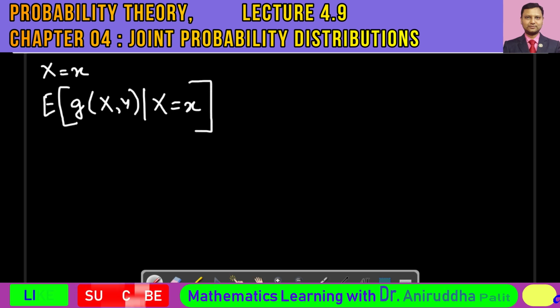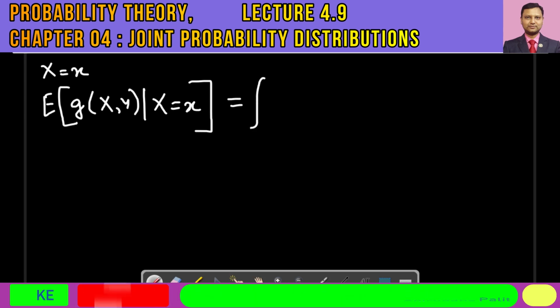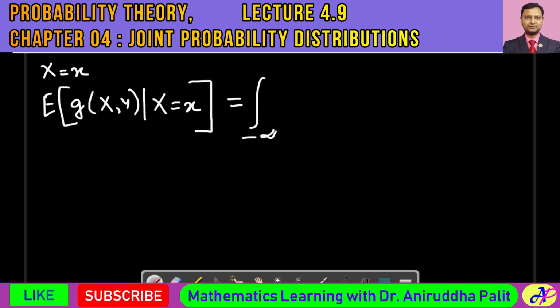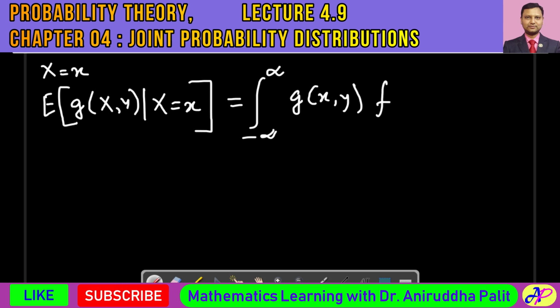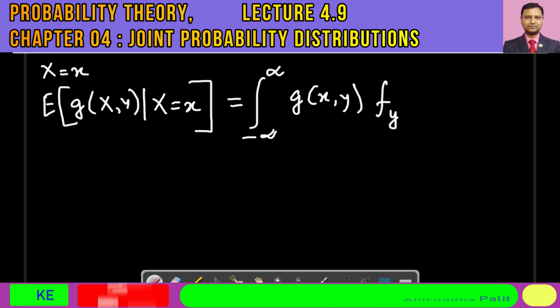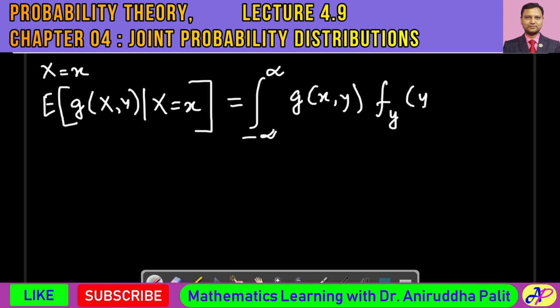So capital X equals small x is actually a given condition. Therefore, we shall have to integrate with respect to y. Therefore, it should be the integration from minus infinity to infinity of g(x, y), and over here we need to write the conditional density function of y, f_Y(y given x), and integration is to be performed with respect to y.